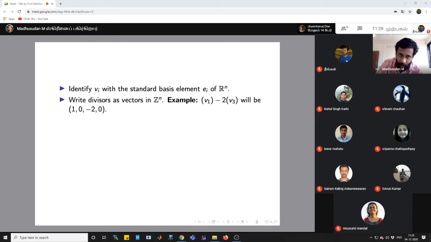Now, what do I do with this? Note that if you think of divisors as vectors, then a chip firing move can be interpreted very nicely in terms of the Laplacian. So what does it mean to fire a vertex in the language of the Laplacian? It just means the following. Suppose your initial divisor is D, a vector now, and your final divisor is D tilde.